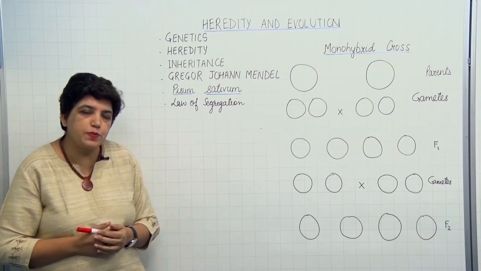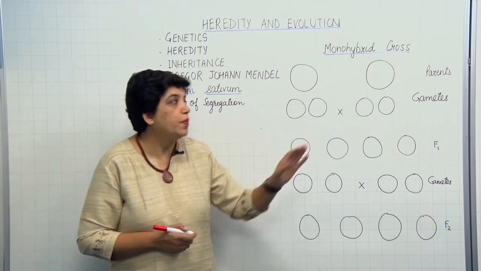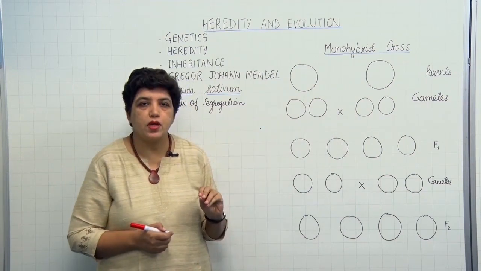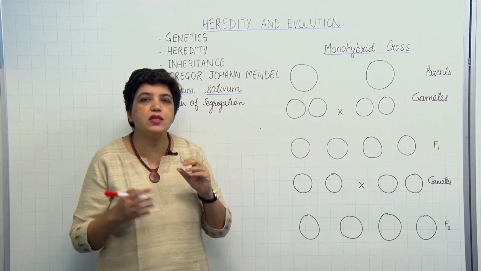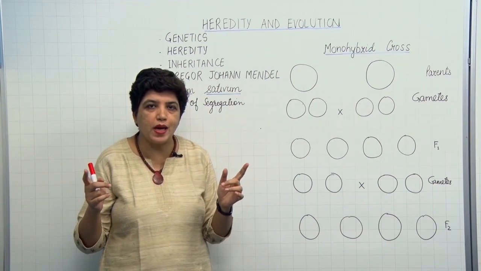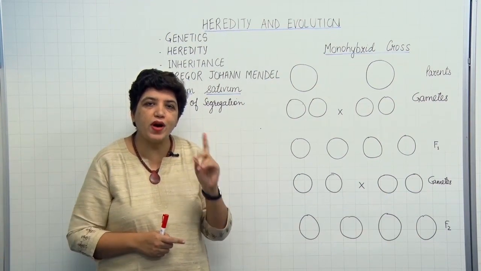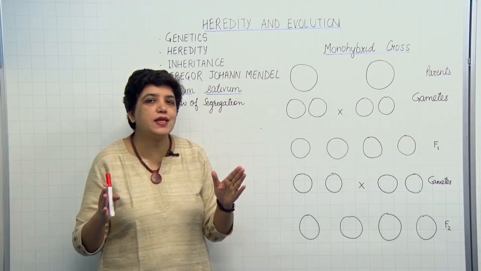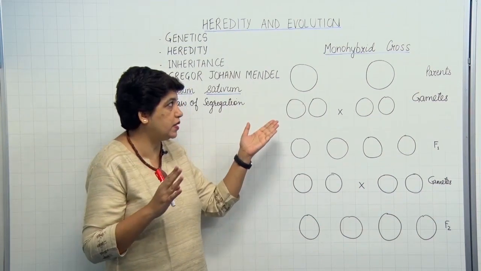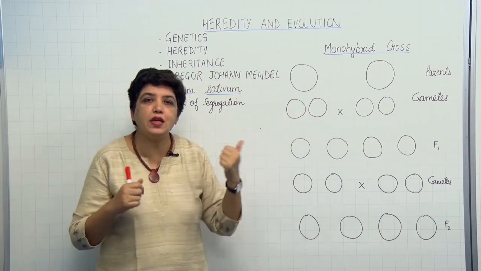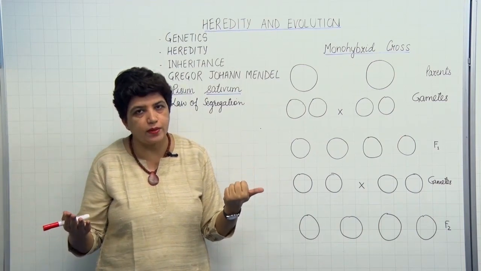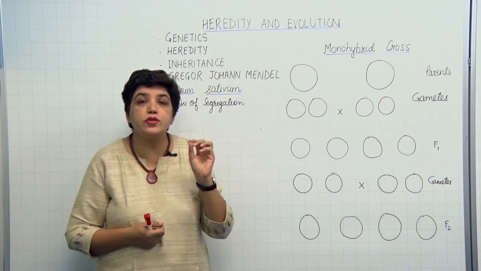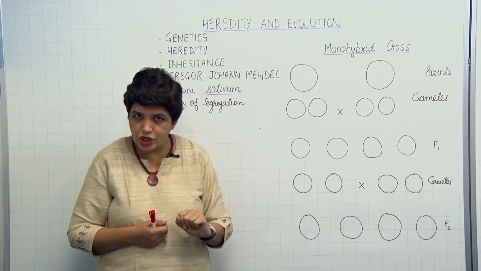Now, the first experiment which he performed was the monohybrid cross. In a monohybrid cross, there is cross breeding between two plants considering only one pair of contrasting characters. Let us consider this monohybrid cross between a tall plant and a dwarf plant. Each character is represented by a pair of genes.